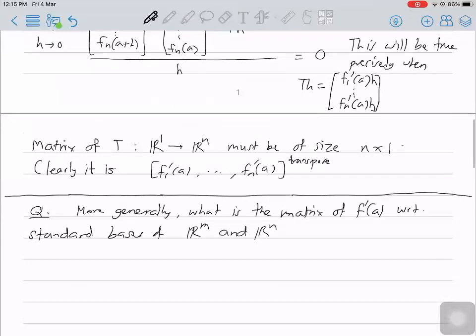I said this last time, and the answer to this question is something that you should have seen at great length in your linear algebra course last semester. So recall, or let's just say the answer.